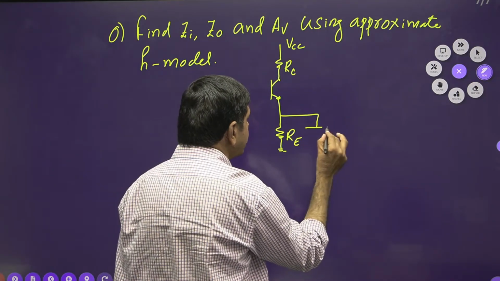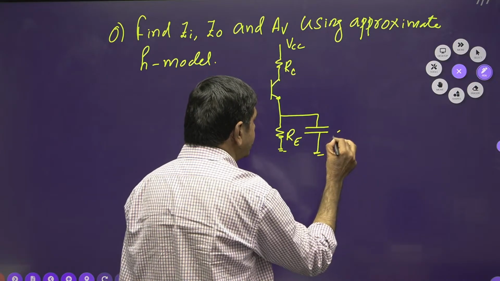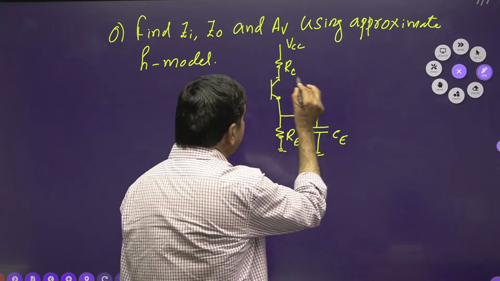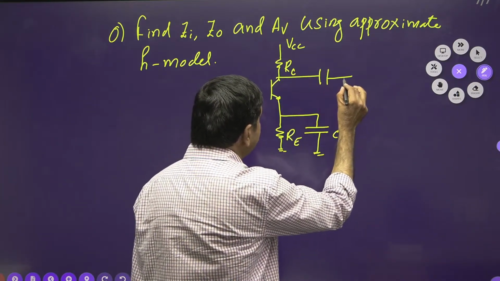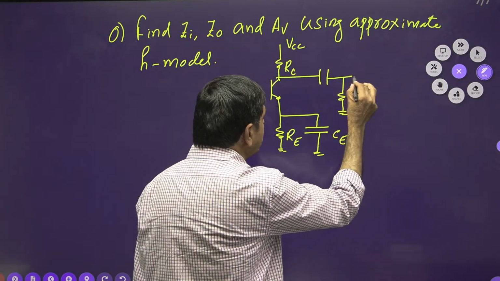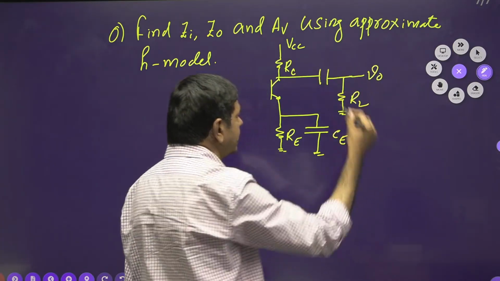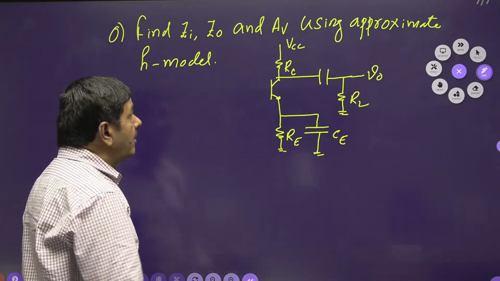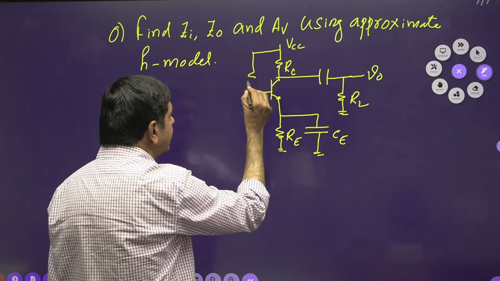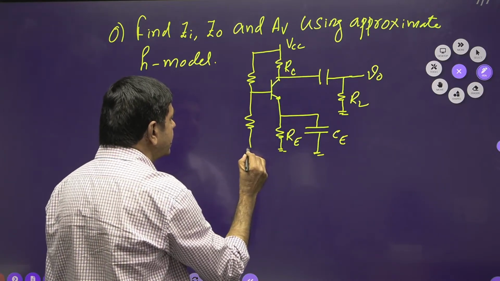There is a bypass capacitor, this is CE. Here a capacitor is connected with a load, RL. The output I want to get from this point. Here voltage divider biasing is connected. This is R1, and this is R2.